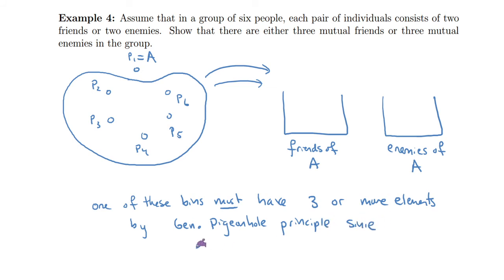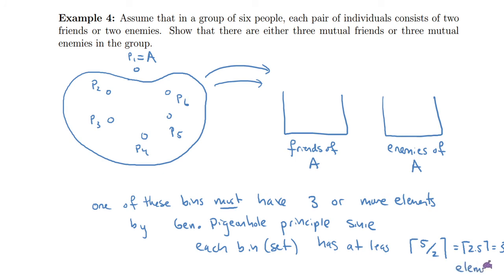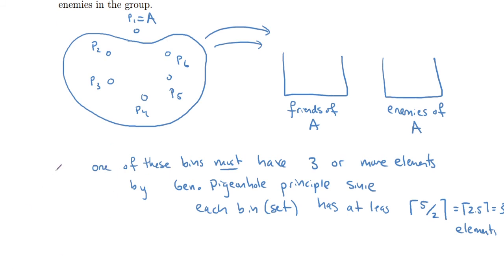Each bin, or set, you could think of them as a set of people. There's 5 people and there's 2 bins. So 5 over 2, and you take the ceiling of this, so the ceiling of 2.5, you round this up and you have 3. So there are either 3 friends or 3 enemies of A here. Let's explore those 2 cases.